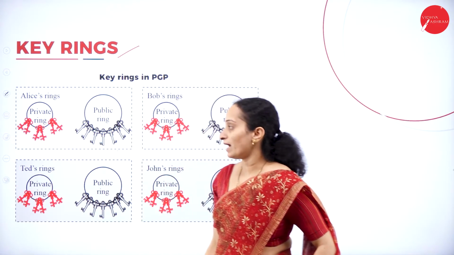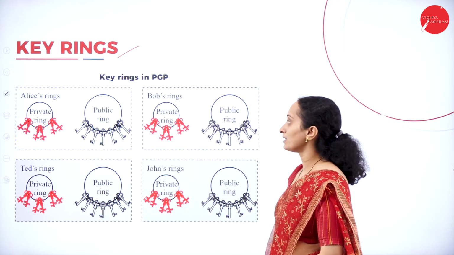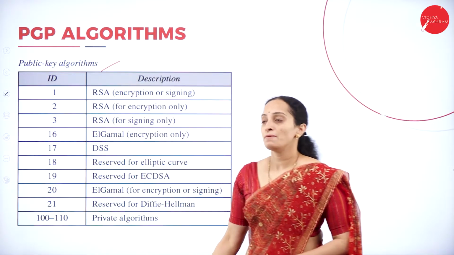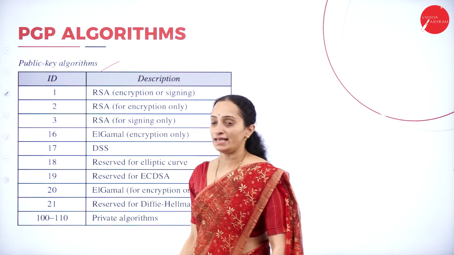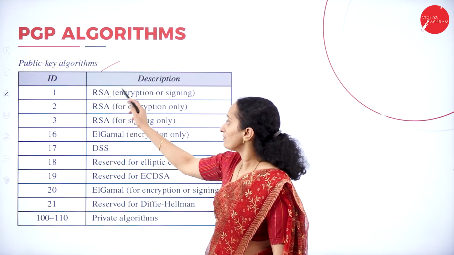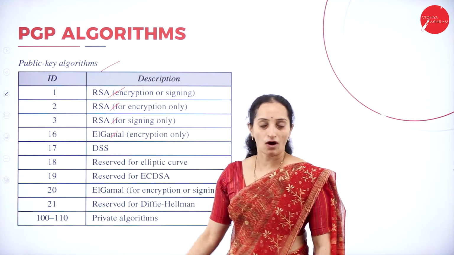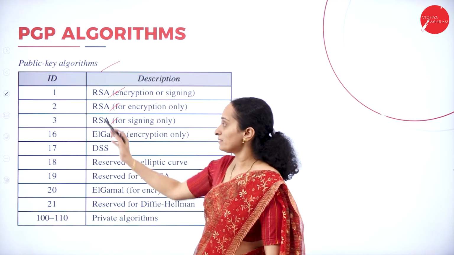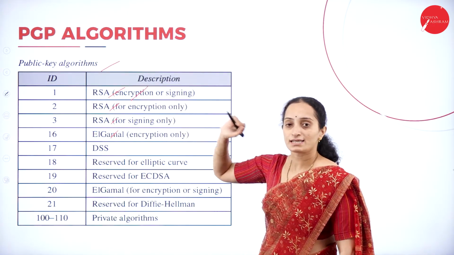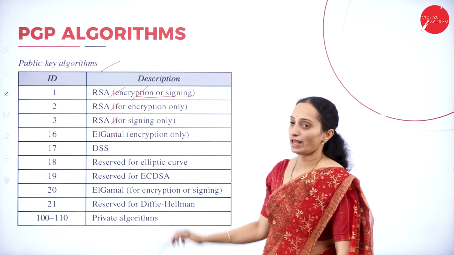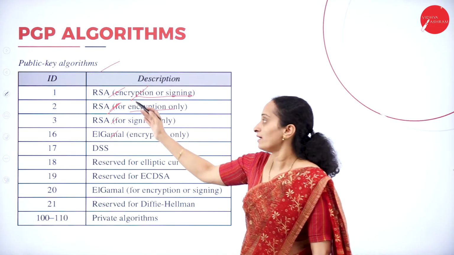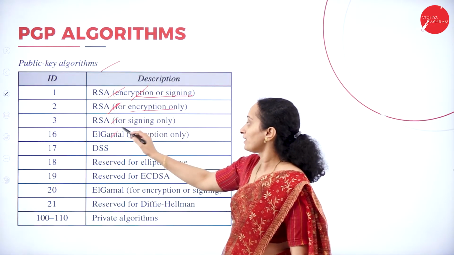Okay. Apart from that, we have the public key algorithms that are used in PGP. We have different IDs like 1, 2, 3 to 100 to 110. We have different encryption algorithms which are assigned different IDs. So the RSA crypto system can be used for encryption or signing. RSA used for only encryption has the ID 2, public key ID.